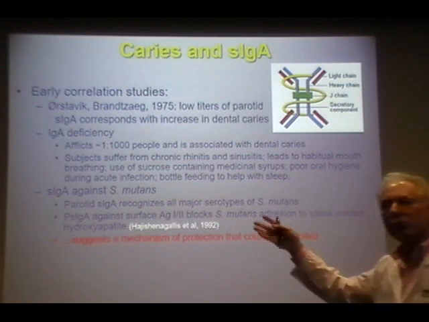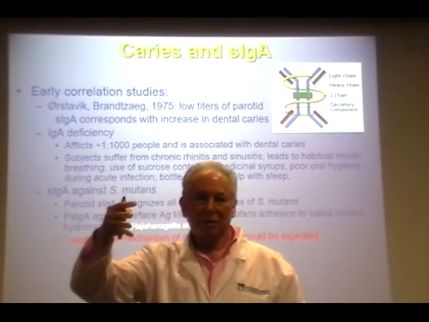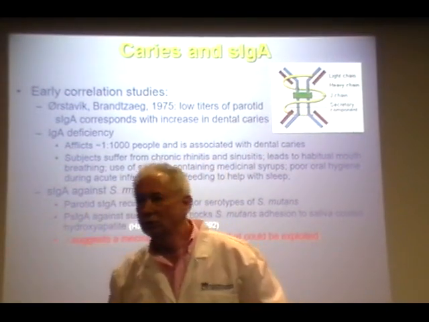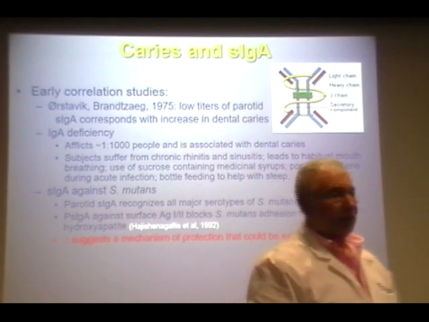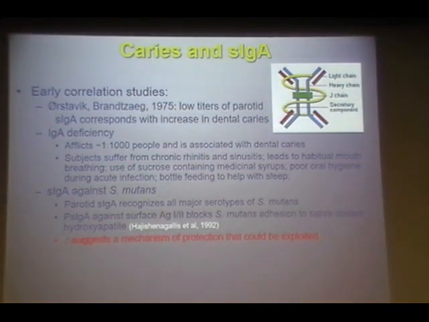And that was associated with studies relating IgA deficiency and susceptibility to caries. So they identified that this IgA deficiency afflicts 1 in 1,000 people, and this is the kind of stuff that you'll see in children who suffer from this.